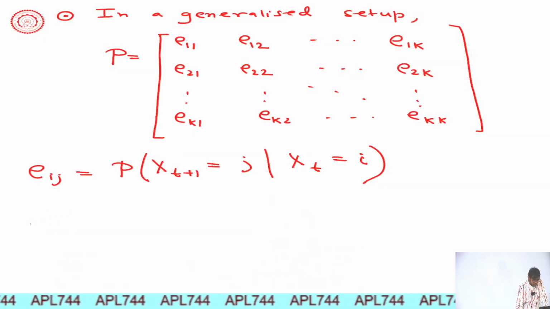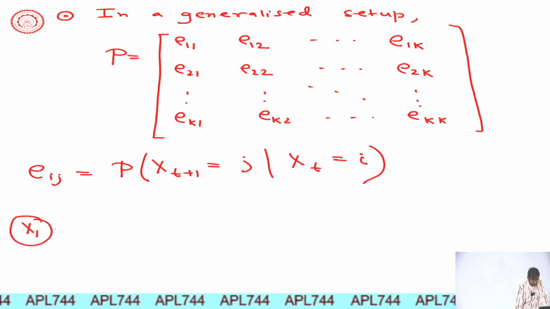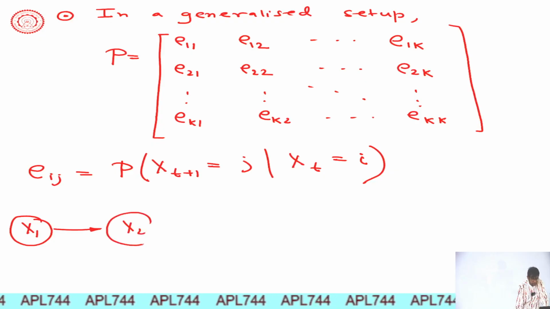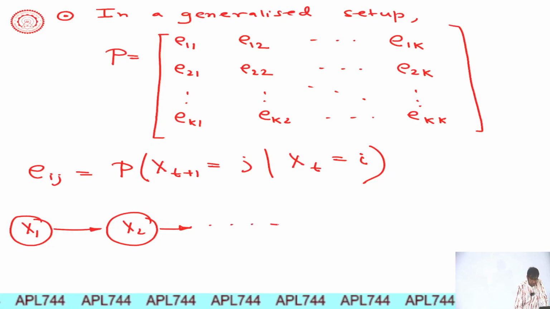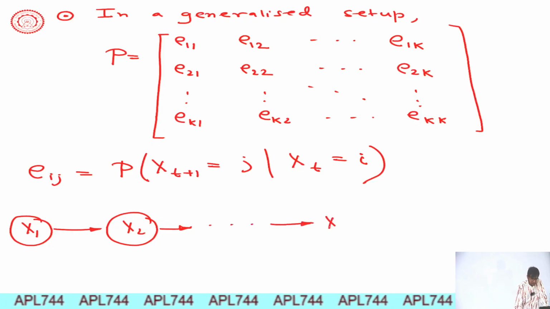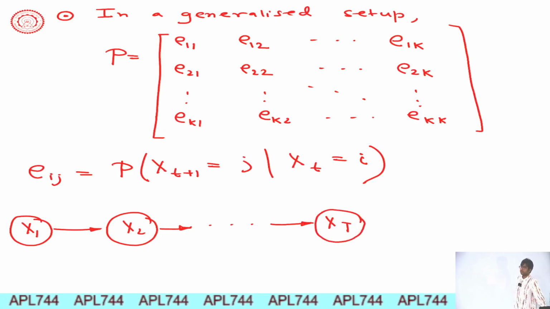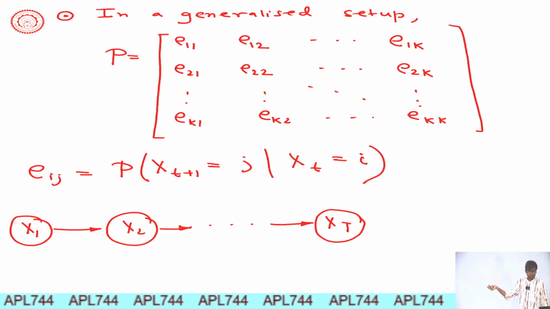In all of this I have assumed something like this: x1, x2, up to x capital T, and this notation I have already introduced. X1 means x at time t1. When you see this kind of diagram, it is known as the Markov chain representation.